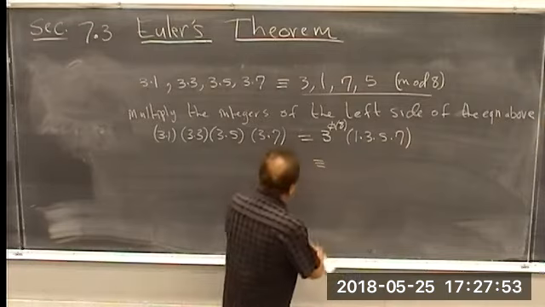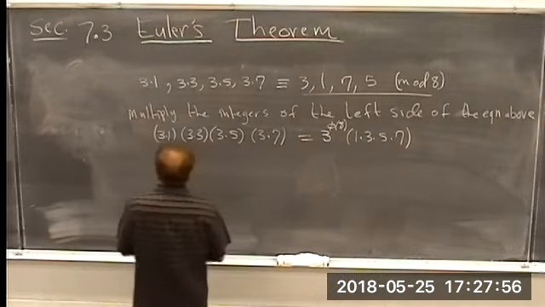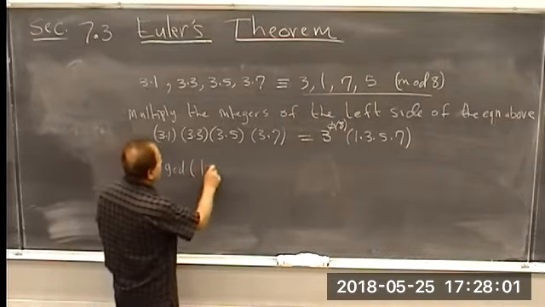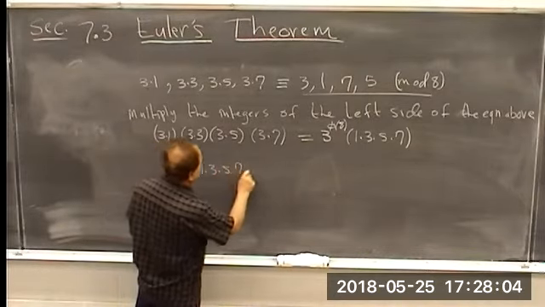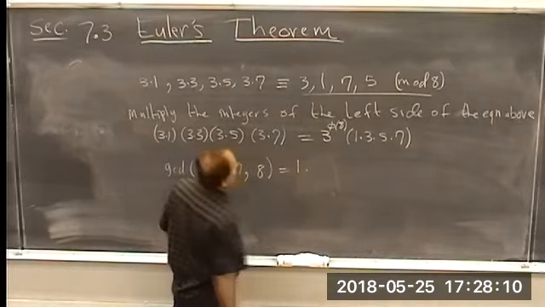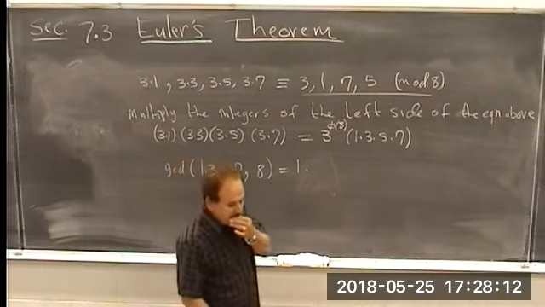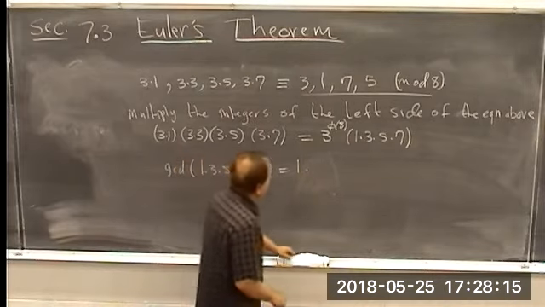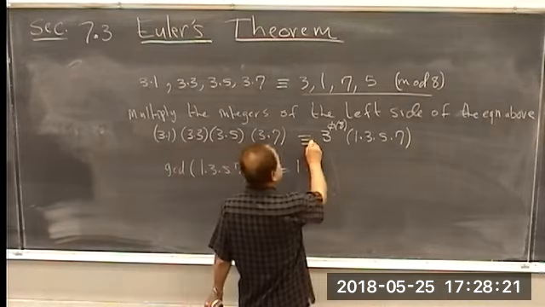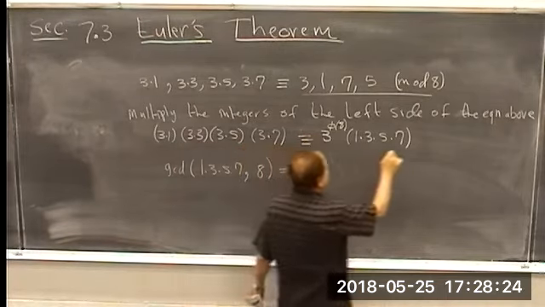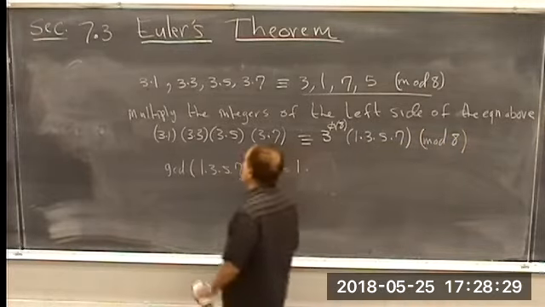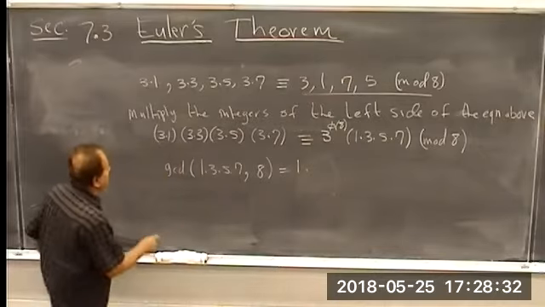One other thing in here, I have also one more thing: the greatest common divisor of 1 times 3 times 5 times 7 and 8. These are relatively prime. This is equal to 1. All right? And then we can divide both sides. Or let me actually write this as a congruence. Equality is actually stronger. So I'm going to put in here mod 8. I'm going to write it as a congruence. So then we can divide both sides.